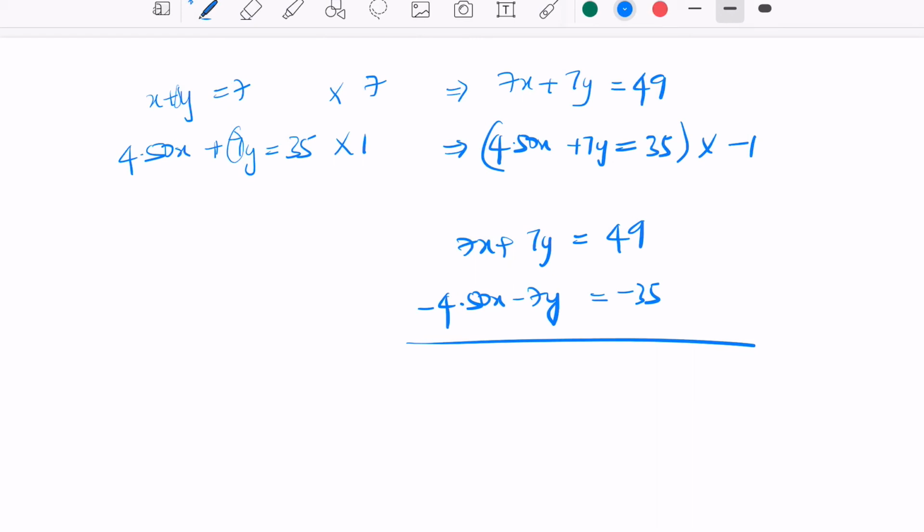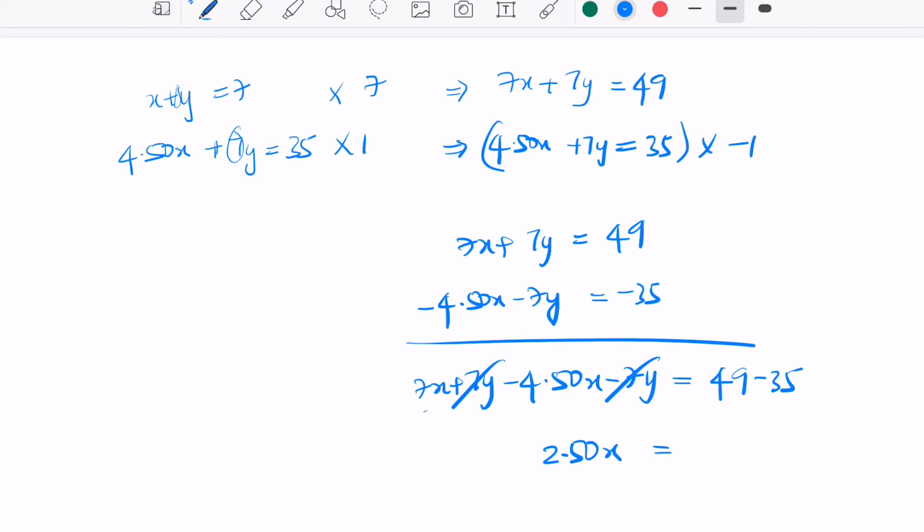So add both equations. You have 7X plus 7Y minus 4.50X minus 7Y equals 49 minus 35. So plus 7Y minus 7Y is gone. 7X minus 4.50X becomes 2.50X, equals 49 minus 35, which is 14. So X becomes equal to 14 divided by 2.50.